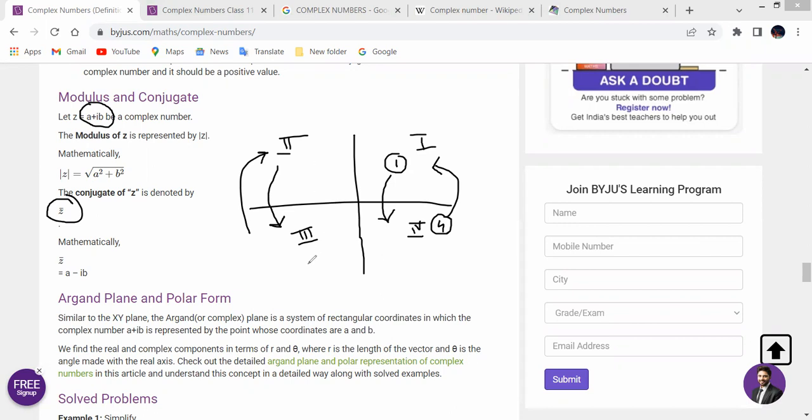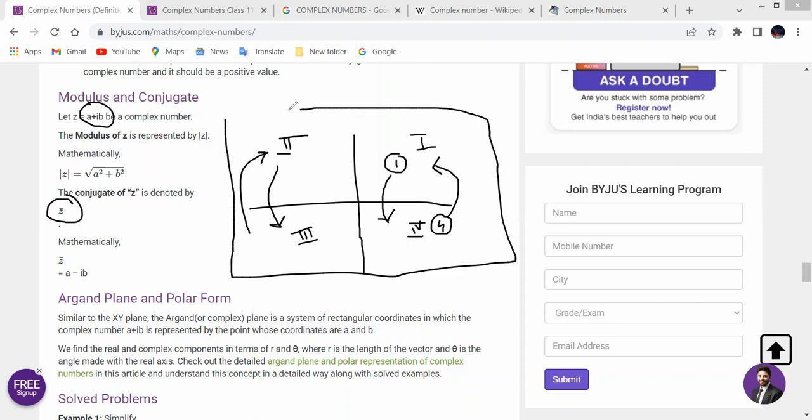This is an important property which tells us about the shifting. So this is an important property of complex numbers.